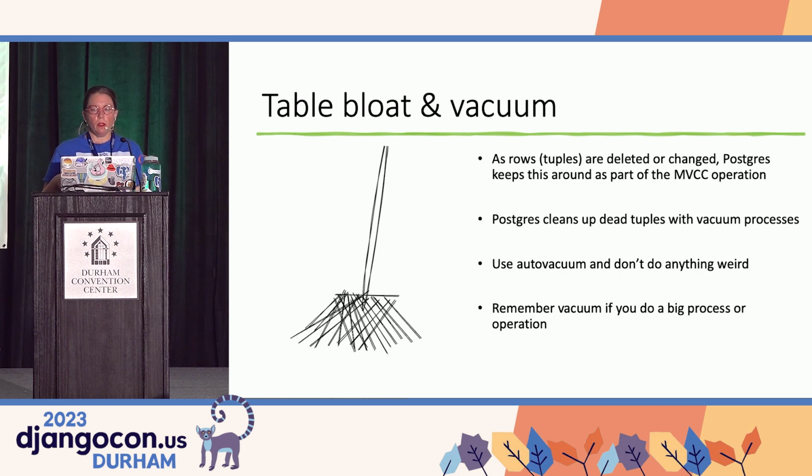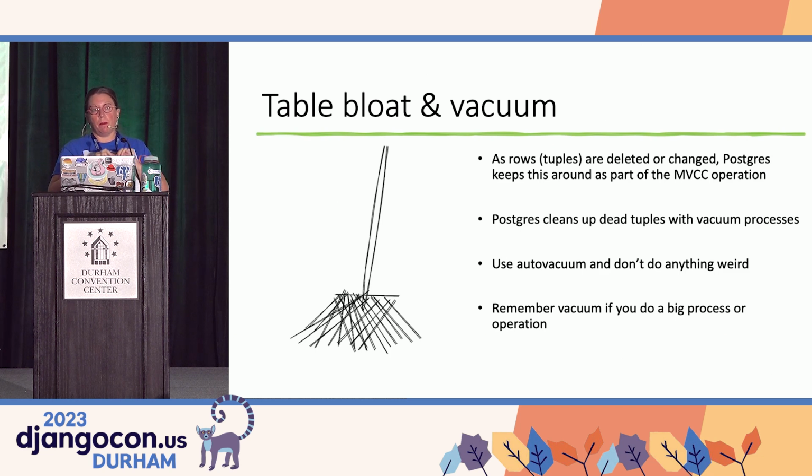the way that Postgres updates rows in a table is that it will update a row in a table, but because Postgres allows multiple versions to be happening at a time, right, because it allows many queries to be running in the database, it will keep that row around if something else is using it.